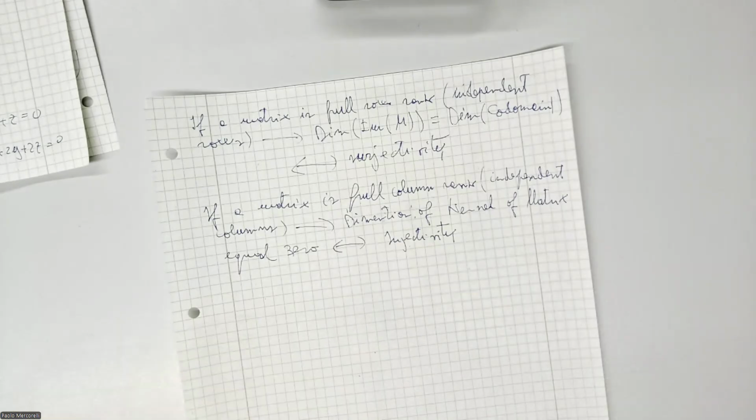If we don't have full column rank and we don't have full row rank, it's not injective, it's not surjective. I draw for you.